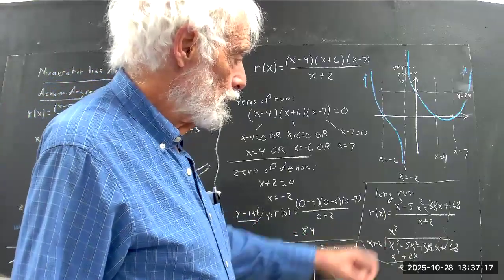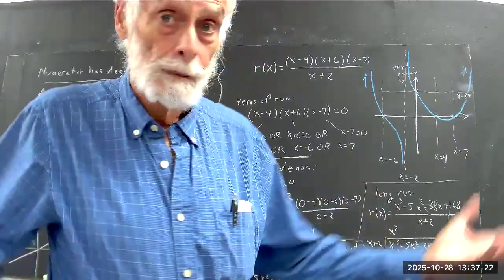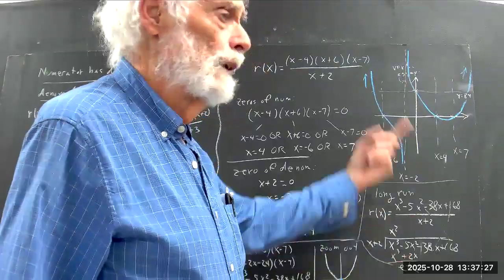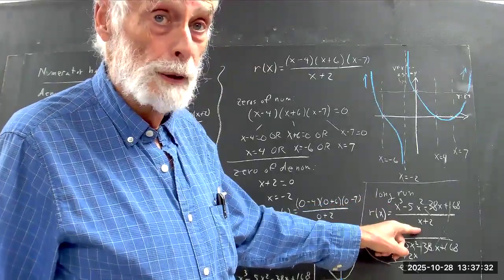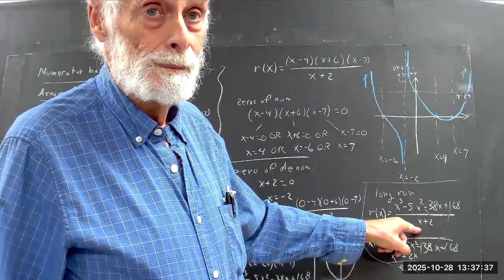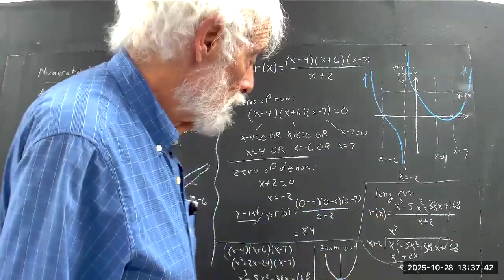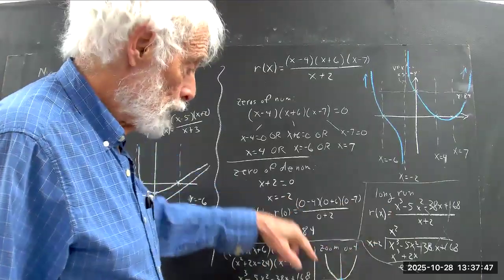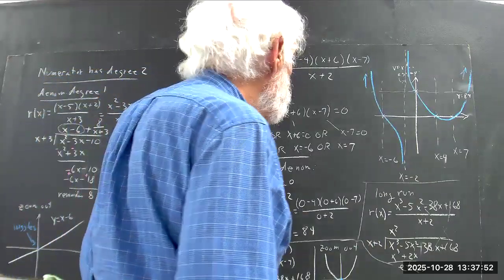I just write this out to show you, well, if you divide this into this and you write it out like this, we are going to get an x squared there. So you can just see I've got an x cubed here and an x here. And they'll say, okay, the degree of the numerator is 3, the degree of the denominator is 1. So when you divide it out, you're going to have a degree of 2. This just justifies that whole idea. And as soon as you know you have degree 2, you know it's going to act like the x squared function. That's all there is to it.